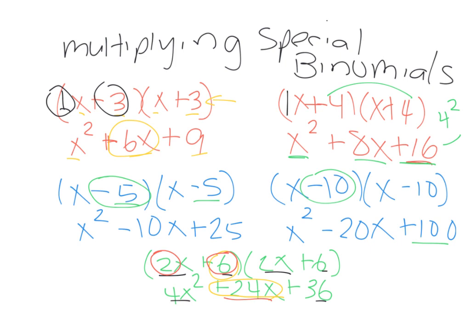Same thing here. 4 times 1, 4 doubled is 8. Negative 10 times 1 is negative 10, doubled is negative 20. So you have to look at the first coefficient of 2 and multiply it by 6 and then double it to get that 24.